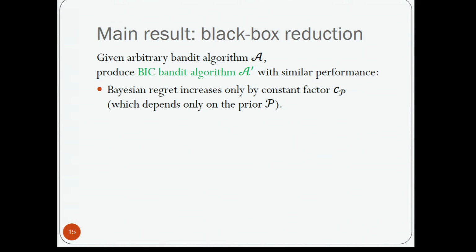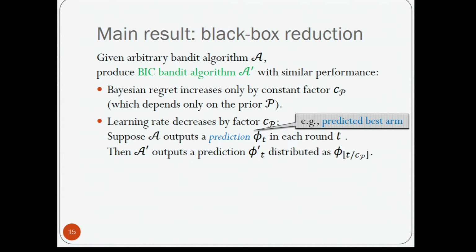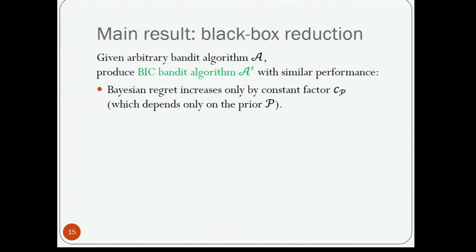We can take any bandit algorithm that you like, and we can convert it into a BIC bandit algorithm with a similar performance, in the sense that its Bayesian regret is blown up only by a constant factor. The constant factor can depend on the prior, but it's only constant. So if that was optimal, it's still optimal up to a constant. It depends on the prior, not on the time horizon. That's the point.